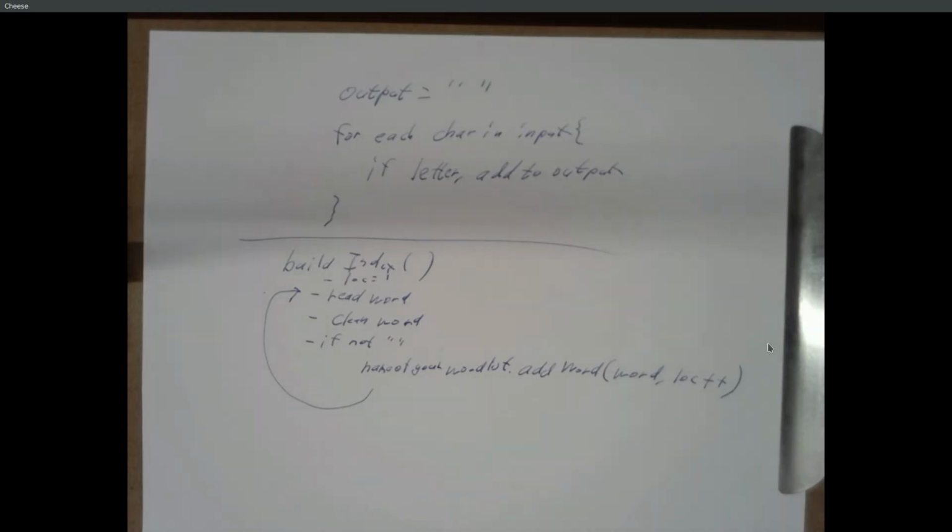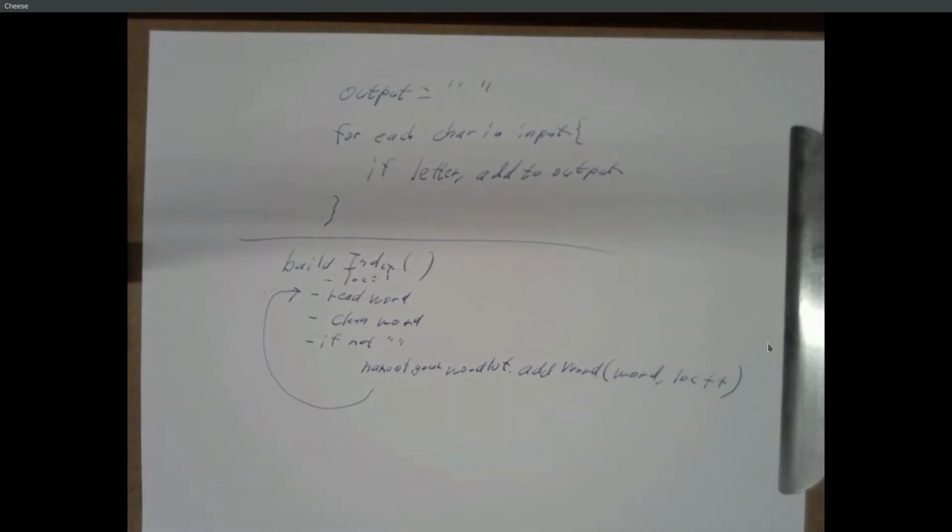So initialize location to 1, that's integer location equals 1. Read the word, using a while loop: while scanner.hasNext, word equals scanner.next, that's how you read it. Cleaning the word, that's that thing on top, right?